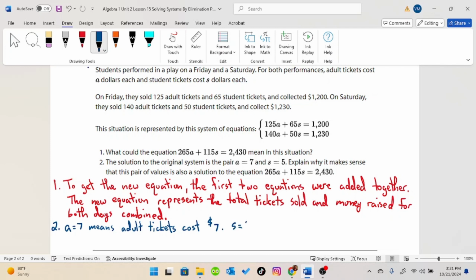S equals 5 means student tickets cost $5.